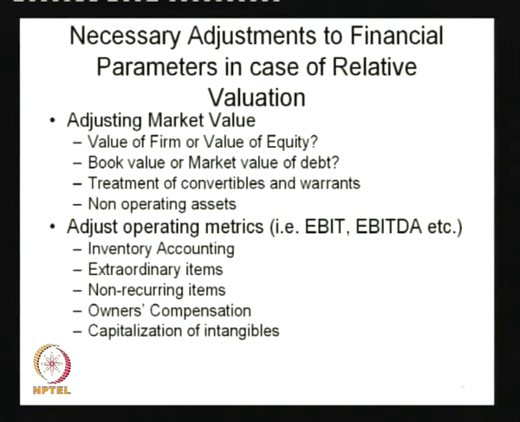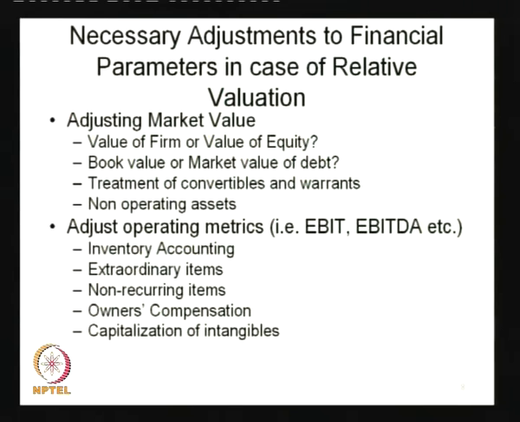Then some other adjustments that we have are adjusting the operating metric. One can note here that the market value is in the numerator and the operating metric comes in the denominator. So, ultimately the valuation parameter will be the market value in the numerator and the operating metric in the denominator. In that case, one has to adjust for inventory accounting.